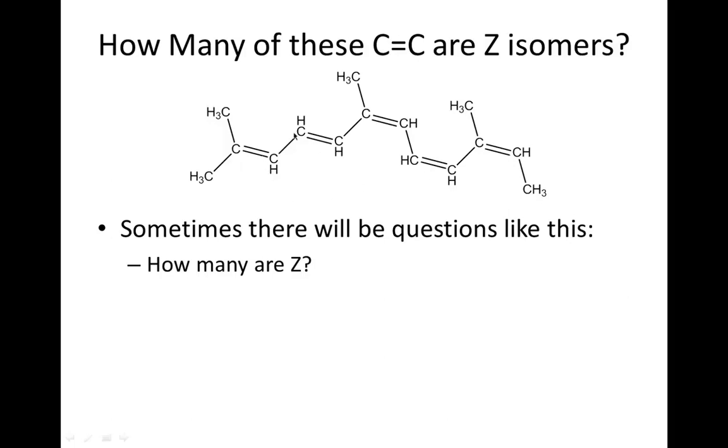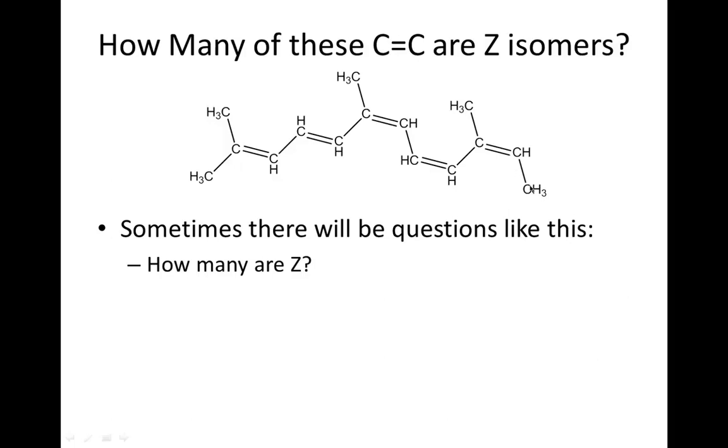And so you've got 3 of them done, so now you just have to do these other 2. And if you think about it, this carbon and this carbon are going to be higher in priority than the methyl, so this one's going to be Z. And this one looks a lot like trans, and so that one's kind of one of the ones that's tricky.